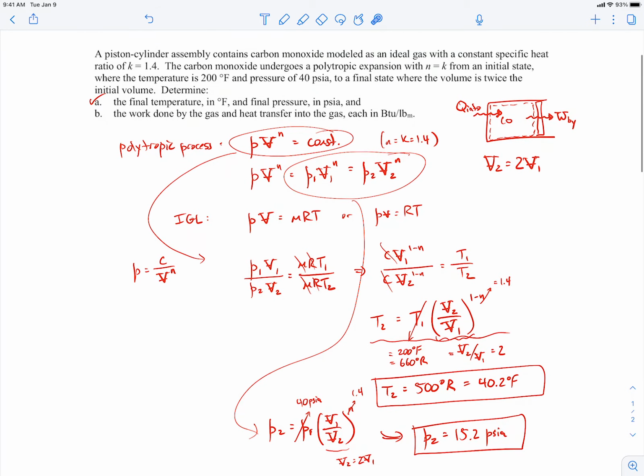To find the work, I'm recognizing that this is a PdV type of work. We're doing work against a moving piston here, so I'm going to find the work using PdV work. The heat transfer, I'm going to use the first law to find that, because once I have the work, I can combine that with the change in the internal energy, and then I can find the heat transfer from the first law. So that's where I'm headed.